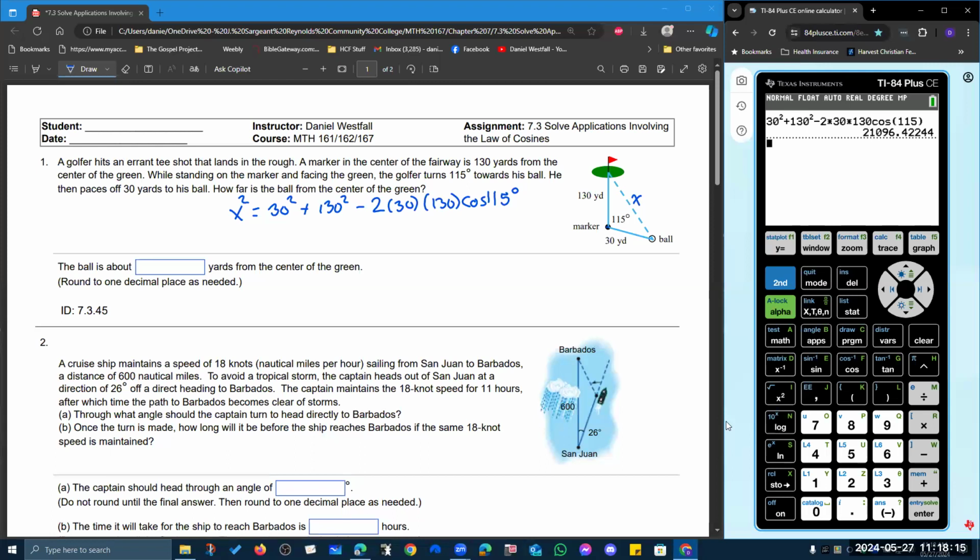That's x squared. Second square root, second answer is going to be 145.2.